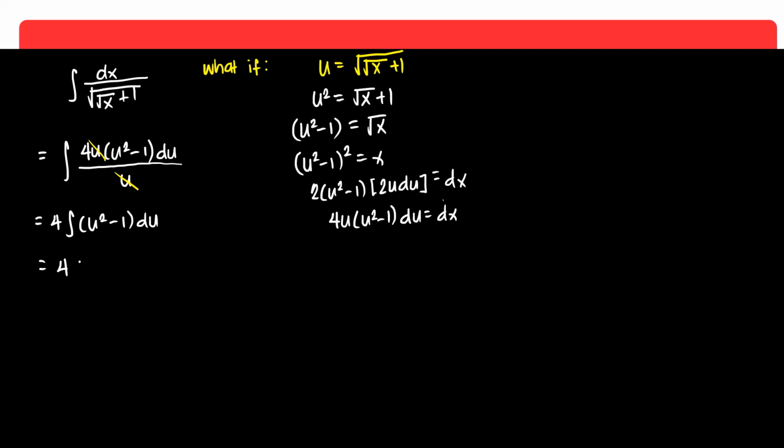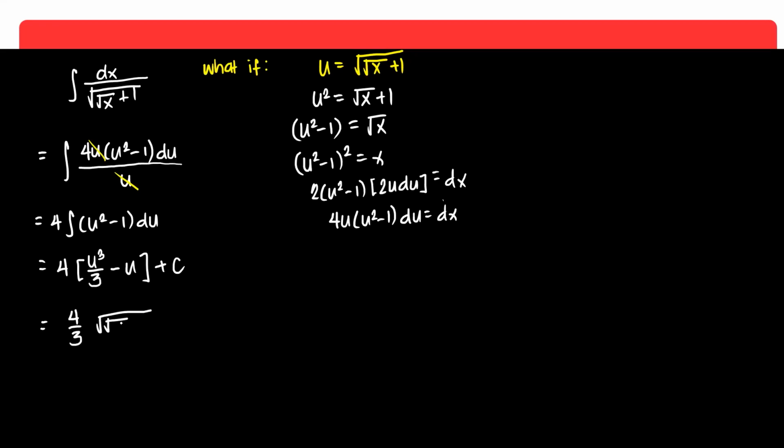And then, what's the integral of u squared? u cubed over 3 minus u plus c. And then let's plug in everything. 4 times the quantity, what is u equal to?